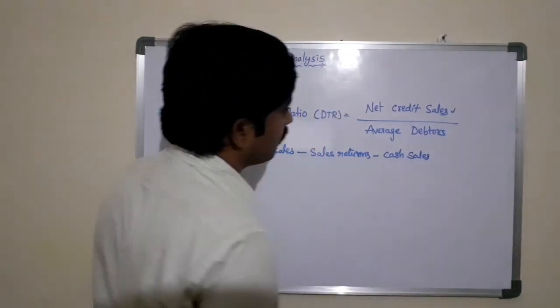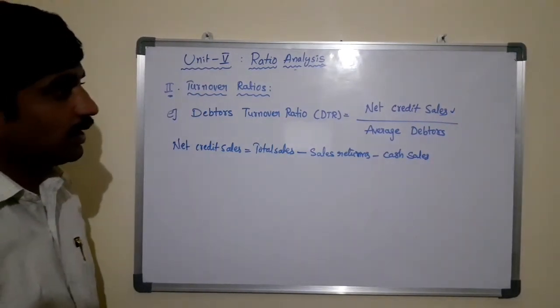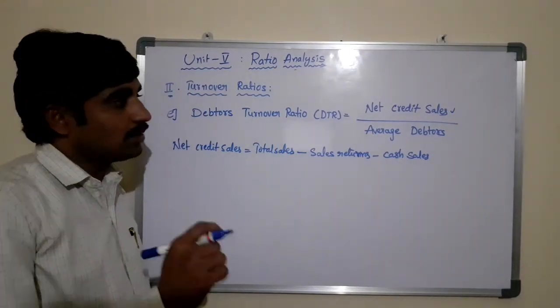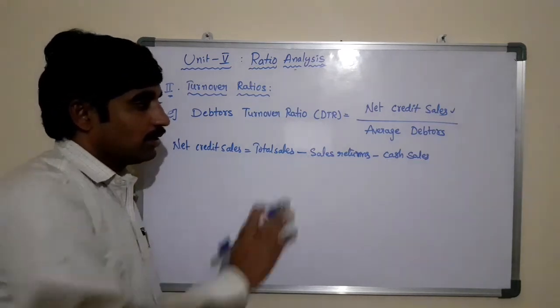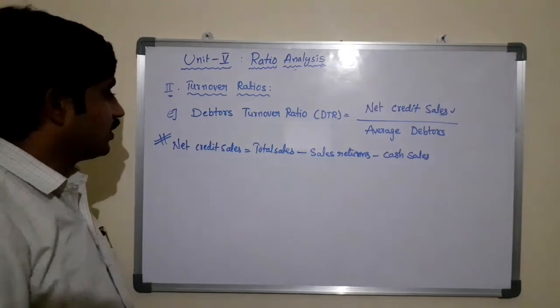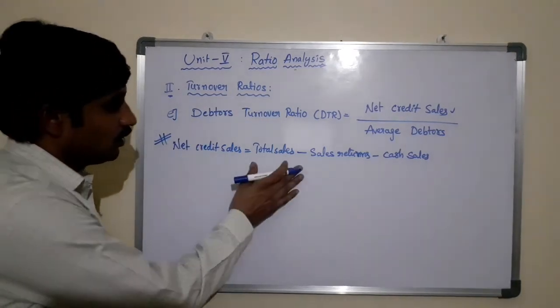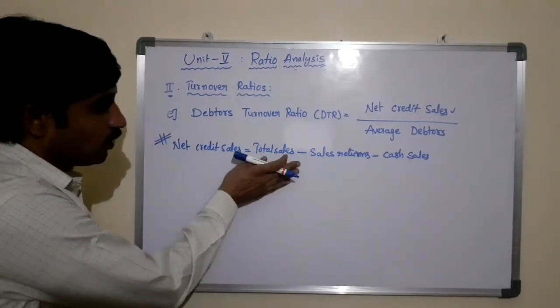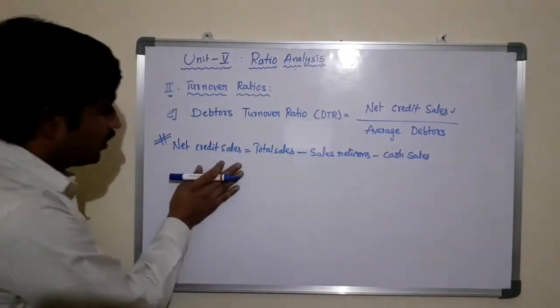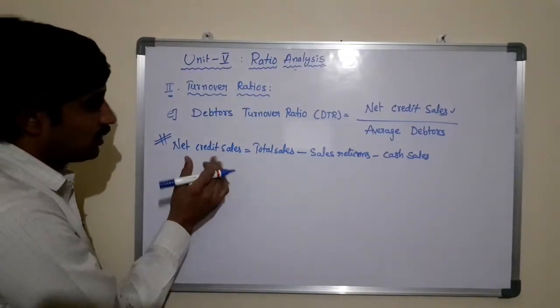Because we need to take into consideration only the net credit sales, it means we need to exclude the cash sales. So to calculate the net credit sales, we use this equation: total sales minus sales returns minus cash sales equal to net credit sales.